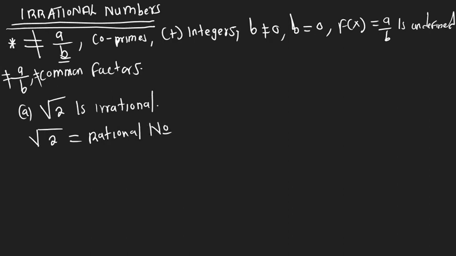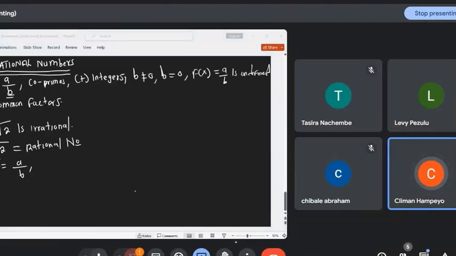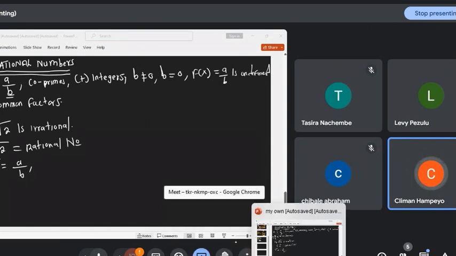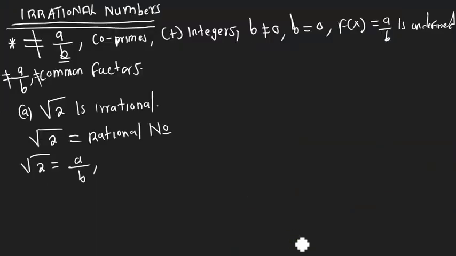Then root of 2 is equal to a over b. Please follow the steps. A lot of you don't write these steps, no wonder you get your questions wrong. Rational number, where a and b are coprimes and b must not equal 0.